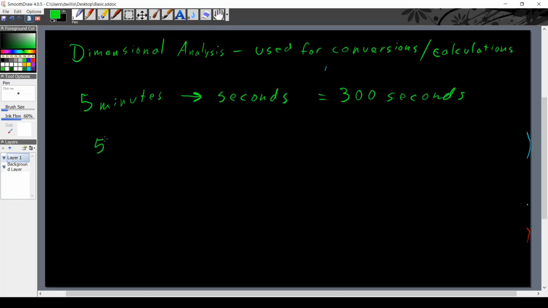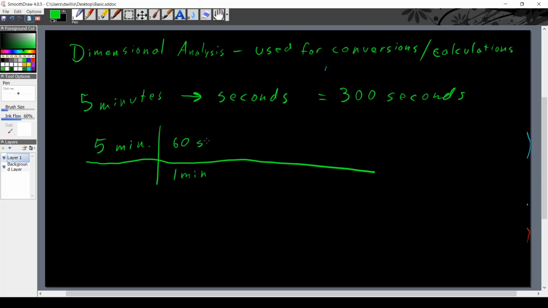Now let me show you what that would look like as dimensional analysis, just to use our example. Okay, and so we've got 5 minutes, and then I made that line a lot longer than it needed to be. Sorry about that. 1 minute is equal to 60 seconds.